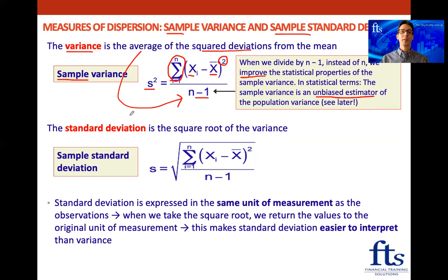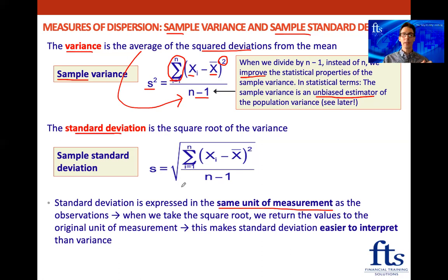Right, so now we're going on to standard deviation. So what is this now? It is actually the square root of the variance above here. So we're just going to take the square root of what we have above. And this standard deviation is expressed in the same unit of measurement as the observations are.